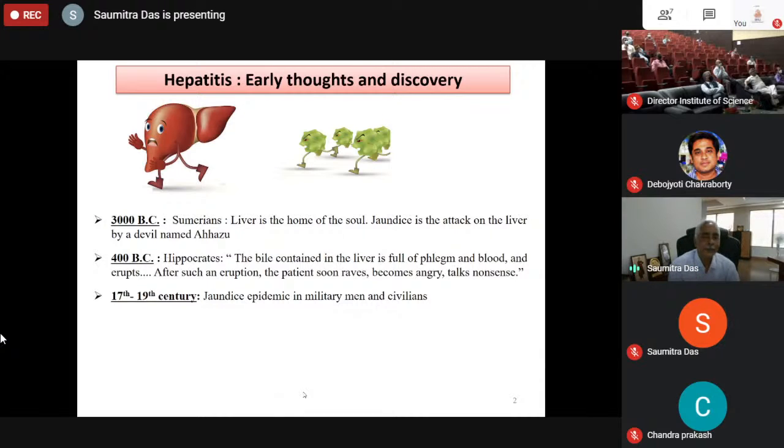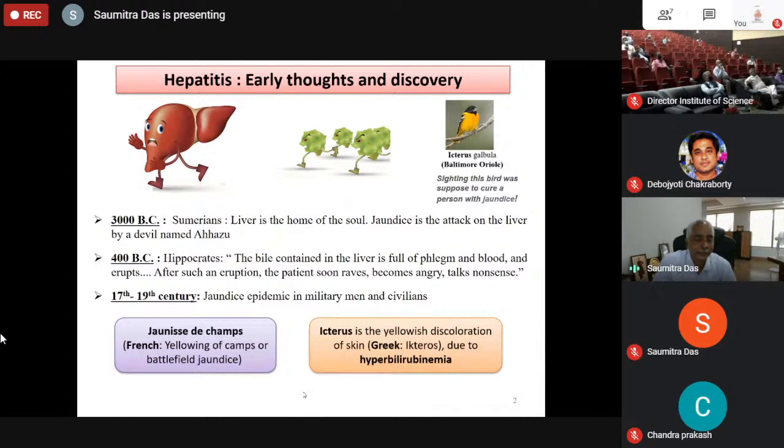Between the 17th and 19th century, there were reports of jaundice epidemics in military men and civilians. In the French camp, there was notice of yellowing, or the so-called battlefield jaundice. The clinical term was icterus, from the Greek, which is the yellowish discoloration of the skin, due to hyperbilirubinemia.